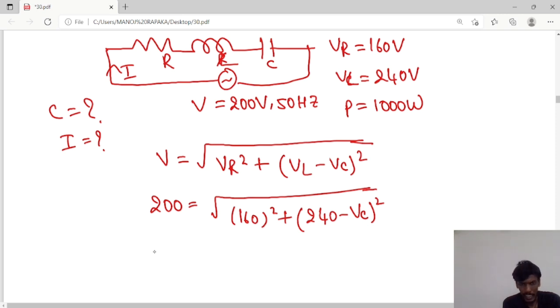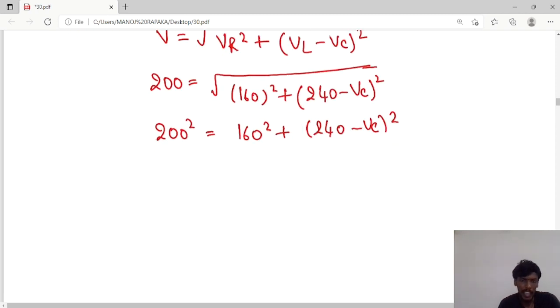So from this I can take 200 square equal to 160 square plus (240 minus VC) whole square. From this I can find the VC value.